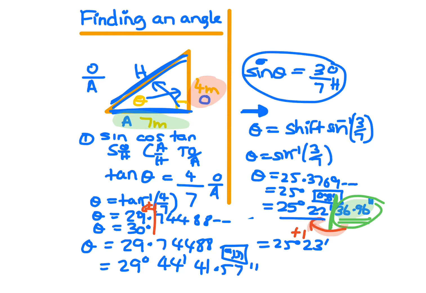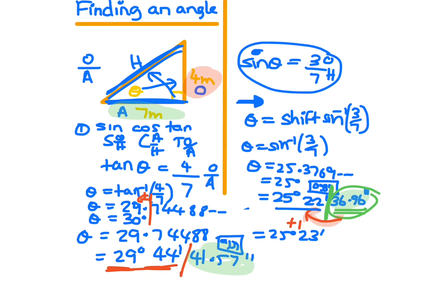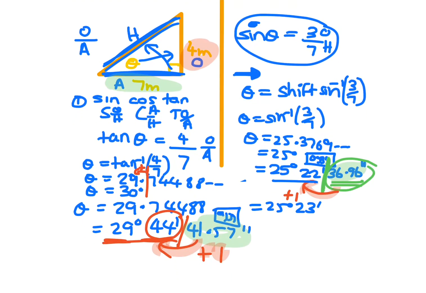Now, the cutoff is right there, if you want to do it to the nearest minute, because it goes degrees, then minutes. 41.97, that is 30 and greater. So therefore, you need to add 1, so you need to round up. You add 1 to that 44 and you will get 29 degrees, 45 minutes.